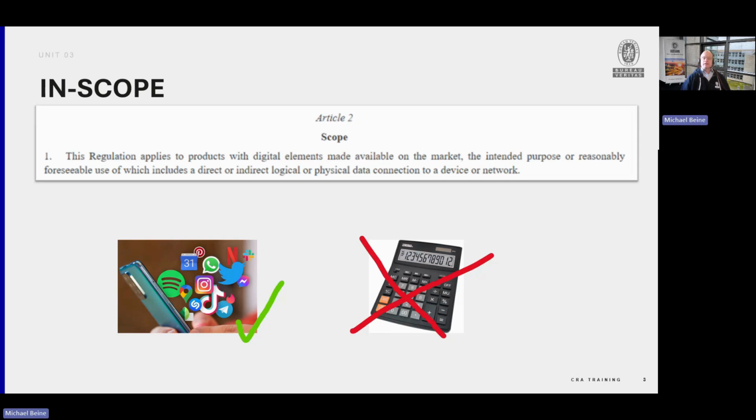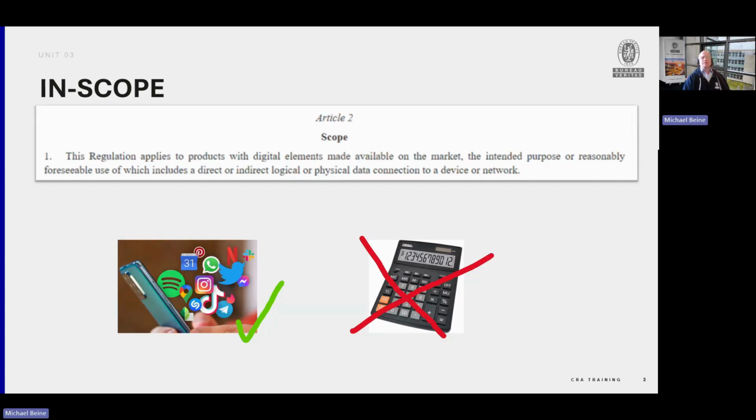Clearly, it needs to be said that it applies to smartphone apps, like you see on the left side. Smartphone apps are products with digital elements, and by 2027, they will all have a CE mark when they are downloaded, when they are made available in the European market. That is a transition that we will see.